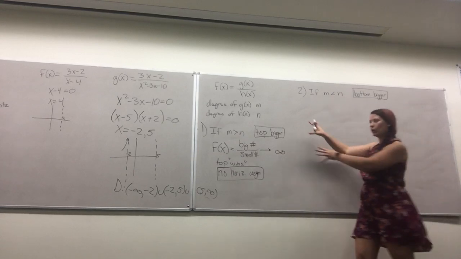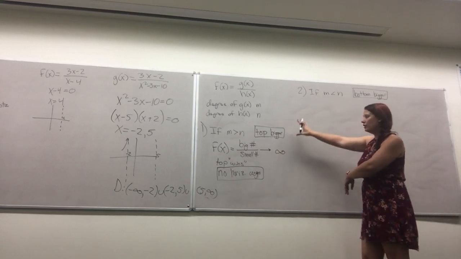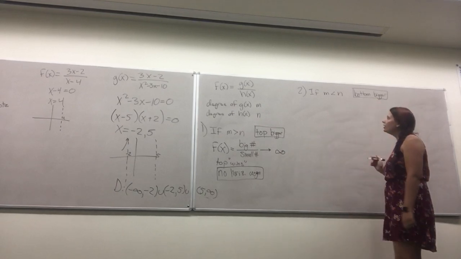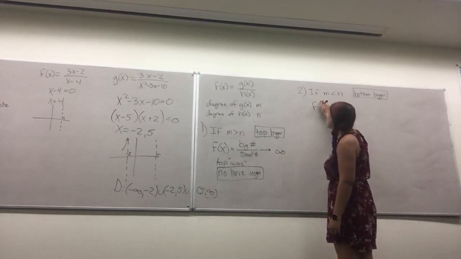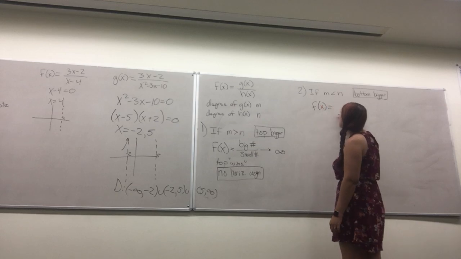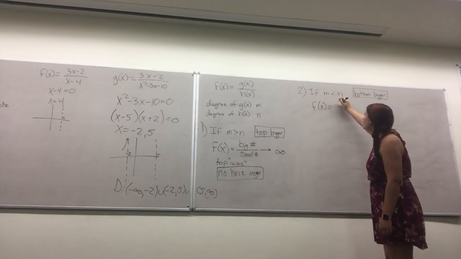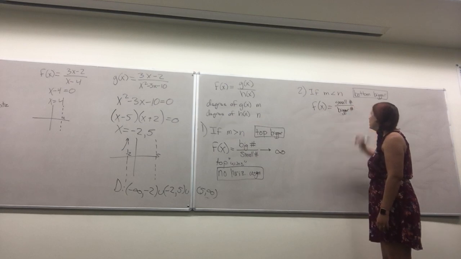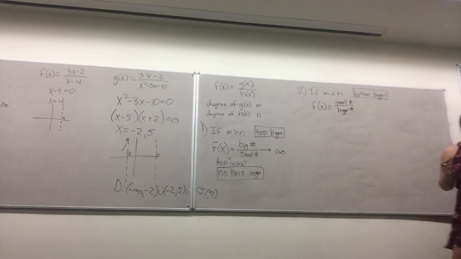So this is the important piece of each thing. Top bigger, no horizontal asymptote. Bottom bigger, well, what that looks like is we have f of x is equal to a small number in the end over a bigger number. If we have something really small being divided by something really big, well, think about it.